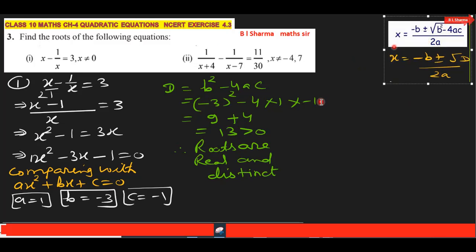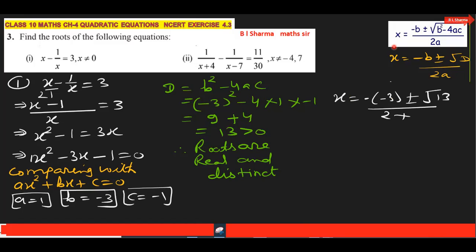नाउ अप्लाइंग द क्वाड्रेटिक फॉर्मूला. यस, देखिए x is equal to minus b plus minus root D upon 2a. Minus b as it is, and b is equal to minus 3, so minus b is plus 3, plus minus root 13, and a is 1.